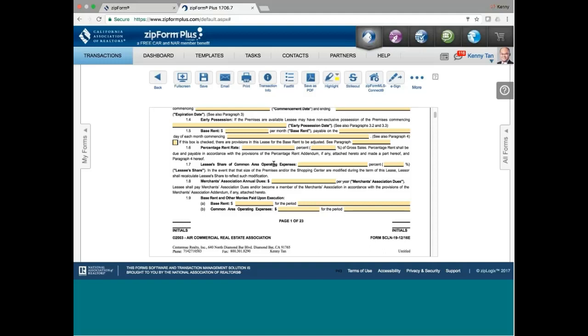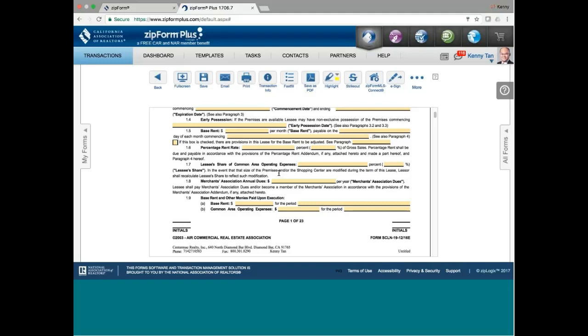Like in a shopping mall, if you represent a tenant of a rental unit in this big mall, they may have percentage rent being part of the lease, so you may need to know what the percentage rent is.